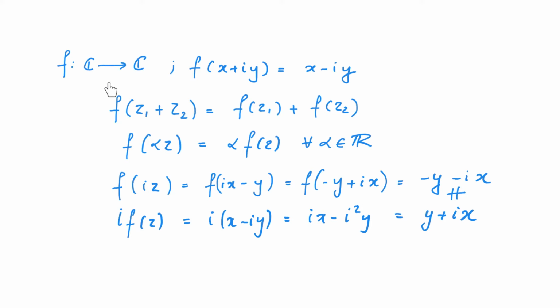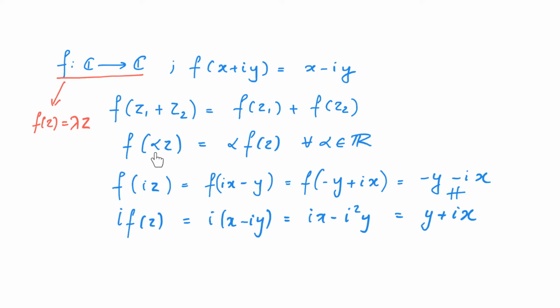Therefore, if we want to avoid calling this function linear, then we should allow alpha to take complex values. In other words, if we want our linear function f from C to C to have the simple form f of z equal to lambda times z, then we should force it to satisfy the condition f of alpha z equal to alpha times f of z for complex numbers alpha.